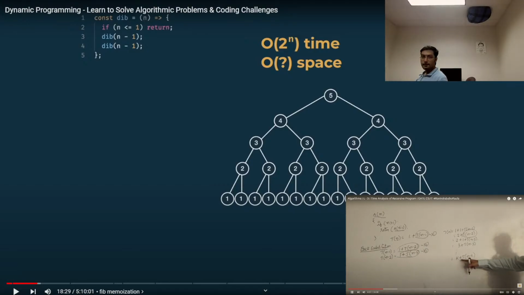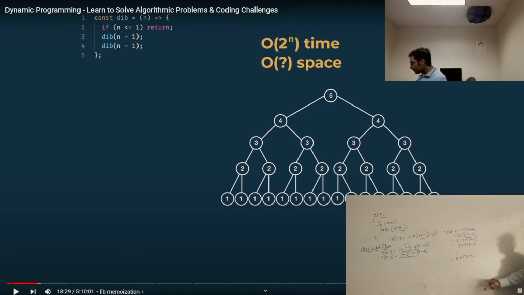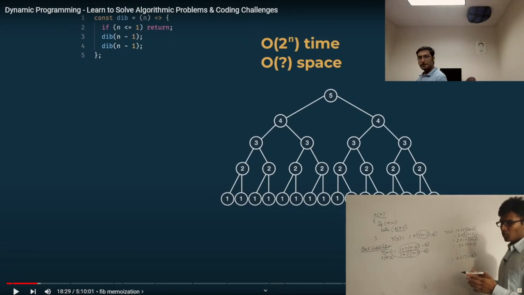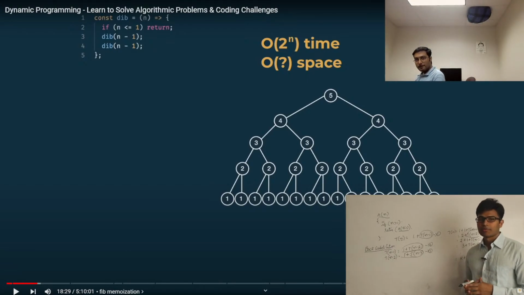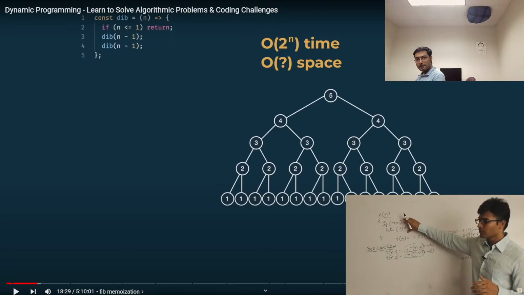So for k, we are going to get k plus t of n minus k. Then where do you want to stop it? When are you going to stop it? See, when the algorithm is going to stop.